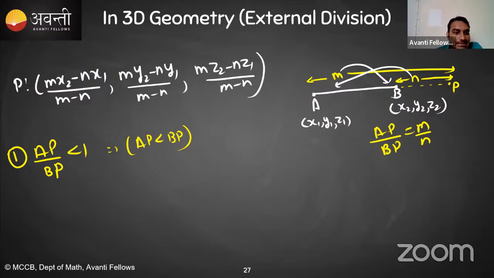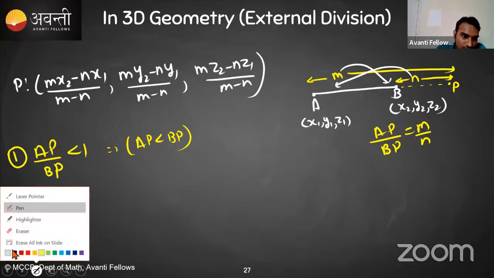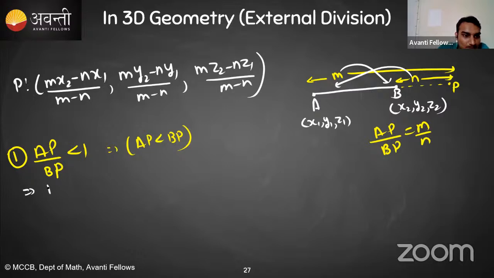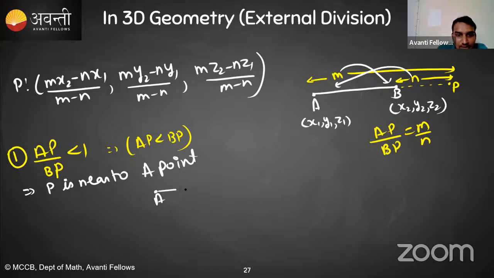AP upon BP is less than 1 means AP distance is less than BP distance. So it implies P is near to A point, right? So in this case, what will the situation be? The situation will be something like this. This is point A, this is point B, and point P is somewhere here. P. Clear?